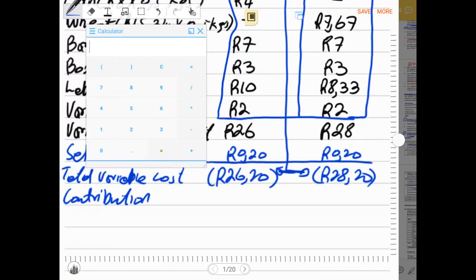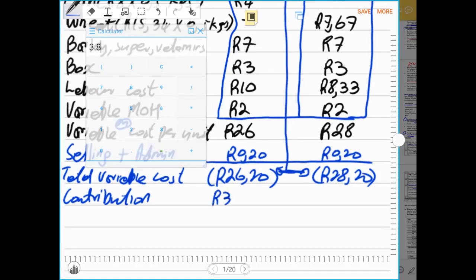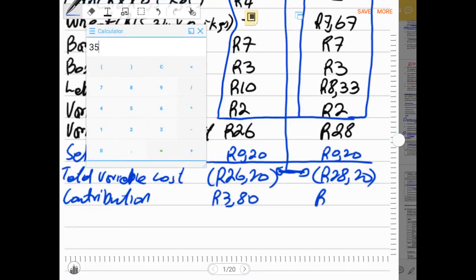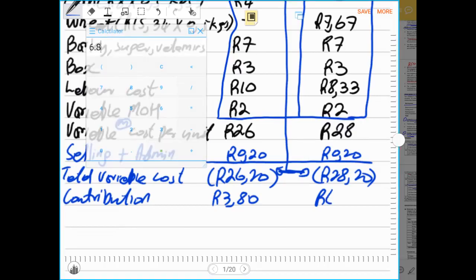Therefore, now we have to say 30 Rand minus 26 Rand 20 cents, and it gives me 3 Rand 80 cents per unit. Then 35 Rand minus 28.20, and this gives me 6 Rand 80 cents. So now this is contribution per unit.